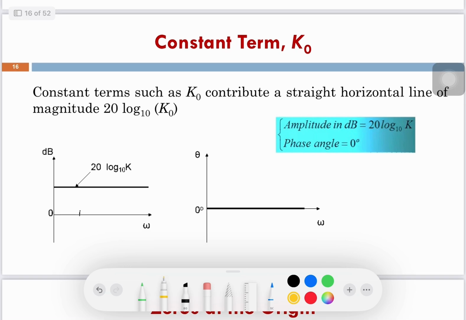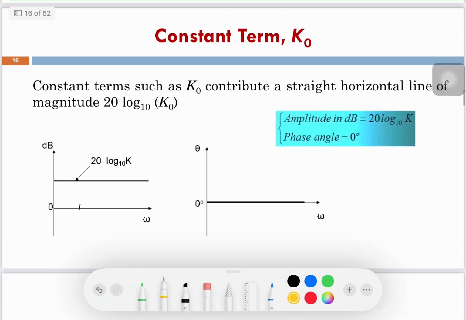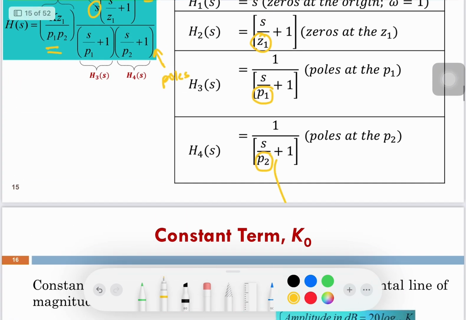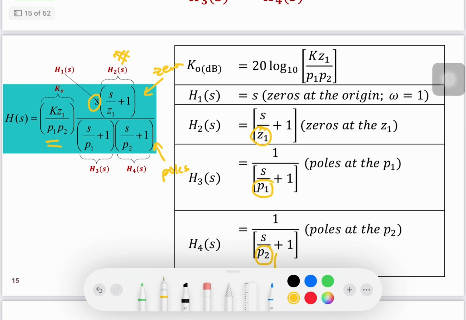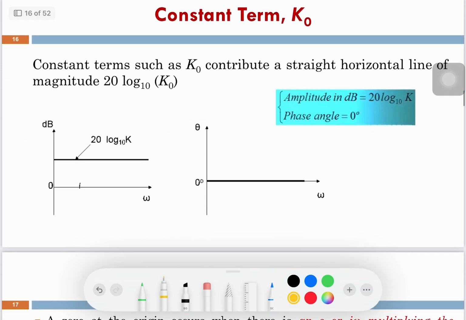The constant term such as K0 contributes a straight horizontal line of magnitude 20 log 10 K0. Remember, when you want to draw the magnitude of K0, the equation is 20 log 10 K0. Later we will see what value it is. So the amplitude in dB is 20 log 10 K0, and then the phase angle is 0.